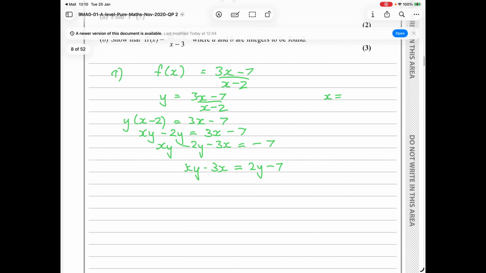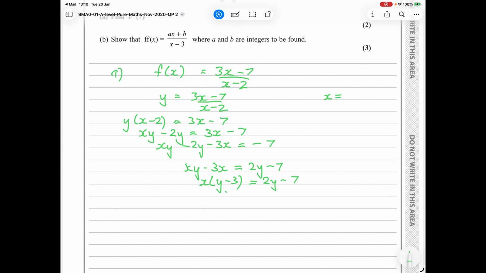Okay, so we've got a side with all our x's on. So now we can factorise out, so we get x times y minus 3 equals 2y minus 7. And then we just divide by y minus 3. So we get 2y minus 7 over y minus 3.